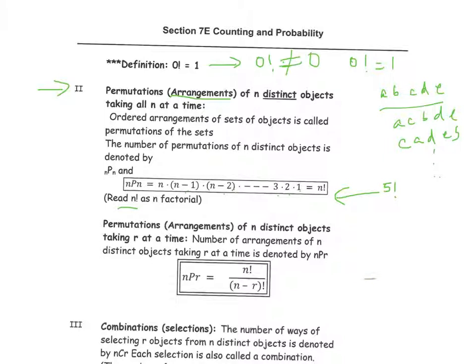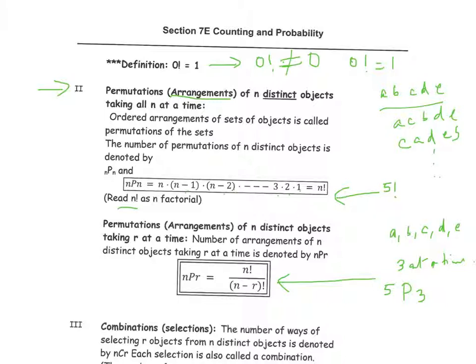Now the formula for the number of arrangements of, let's say, 5 distinct objects taking only 3 at a time is given by 5P3. Permutations means arrangements, taking 3 at a time. So you always take either the 5 or a number less than 5.